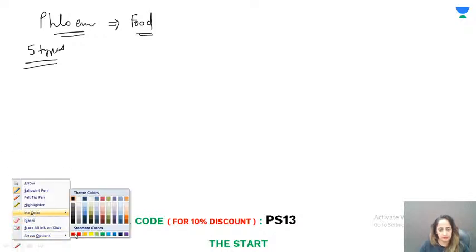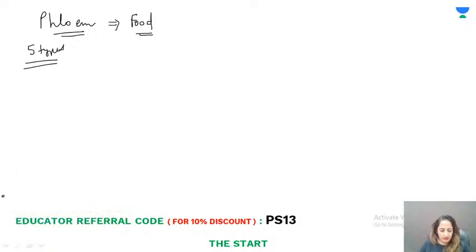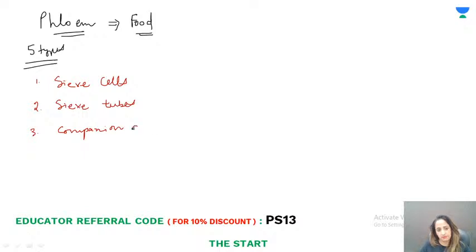Okay, just a second. We have sieve cells, we have sieve tubes, companion cells, phloem fibers, and phloem parenchyma.